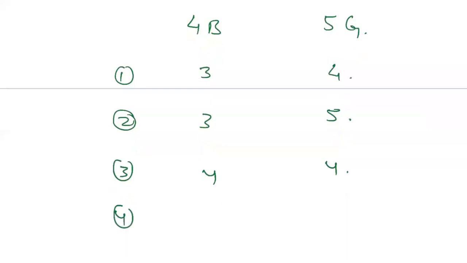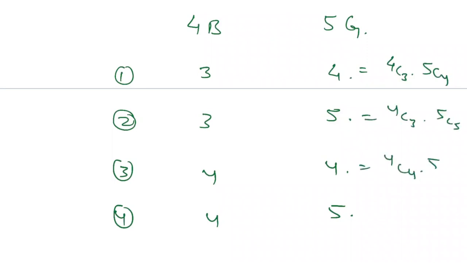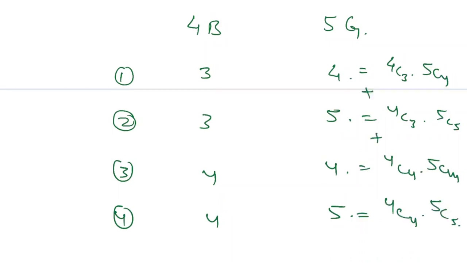Case fourth, 4 boys, 5 girls. So we have 4 options. First is 4C3 into 5C4. This is 4C3 into 5C5. This is 4C4, 5C4. And this is 4C4, 5C5. We have to add all the quantities you're getting.